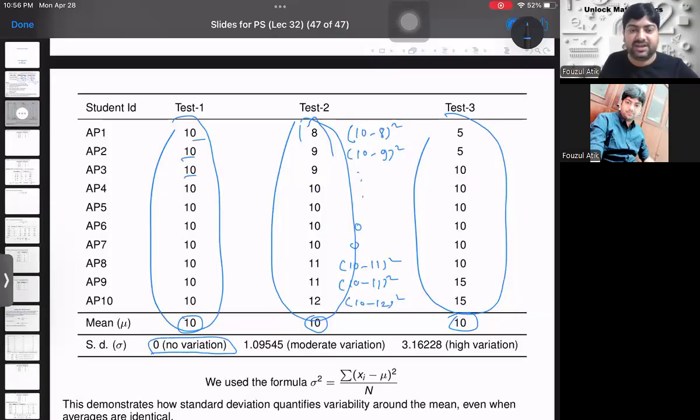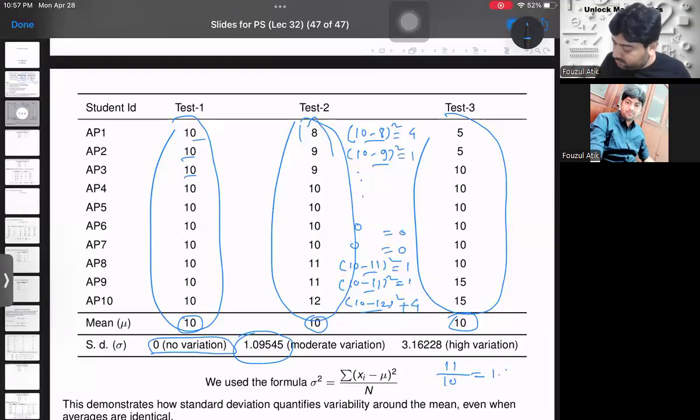So 2 square means 4, plus 1 plus 1 plus 4, with the zeros. The sum is 4 plus 1, 5, 6, 7 plus 4, 11, divided by the number of data points, which is 10.